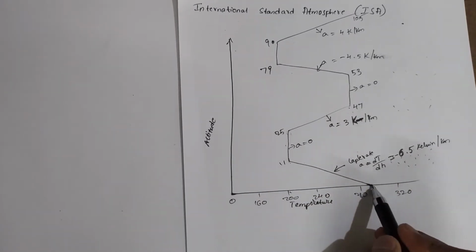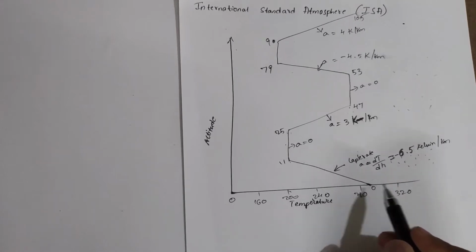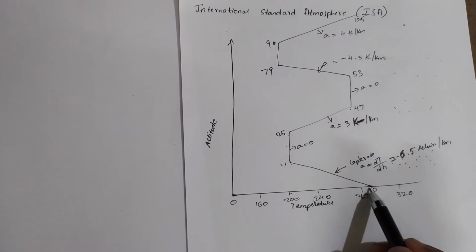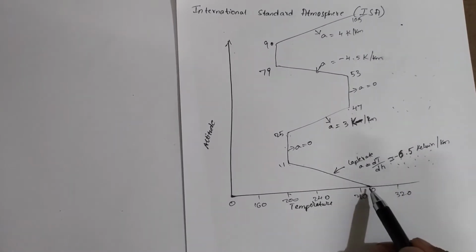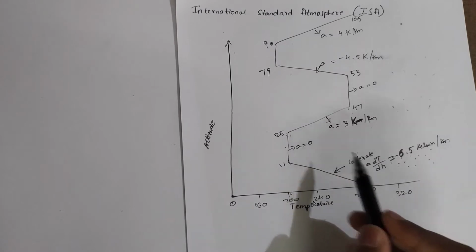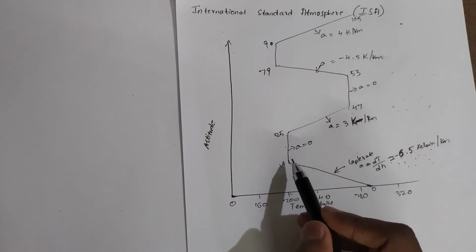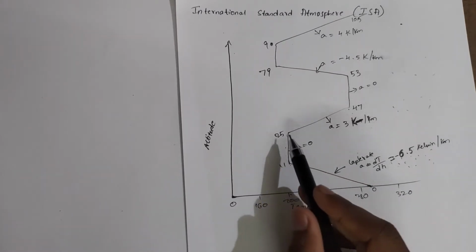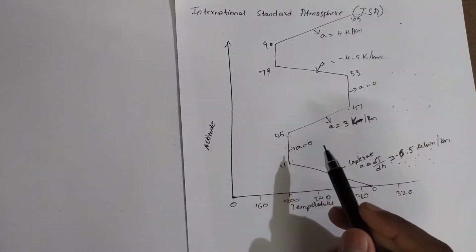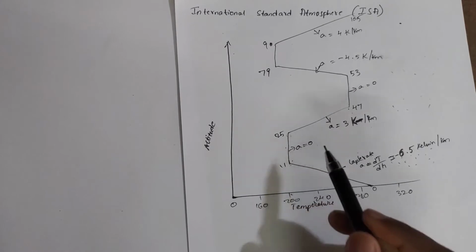On the surface of the earth, the temperature is higher because the earth absorbs heat from the sun and then emits it from the surface. So this region has more temperature than the region above. As we move higher, the temperature is reduced, and from 11 to 25 kilometers, there will be constant temperature. It is known as the isothermal region.